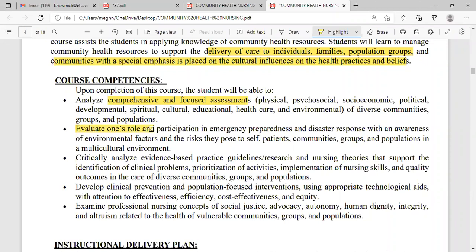Evaluate one's roles and participation in emergency preparedness and disaster response, like cyclone, flooding, tornado. So how will we respond, right?